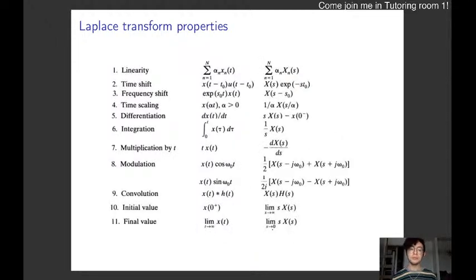Just as a reminder, here are all the same properties basically. It's very similar. I'll go over modulation because this is something that applies also in the Z domain to a certain extent. I'll go over those in my examples. So that's what I have for the theory.